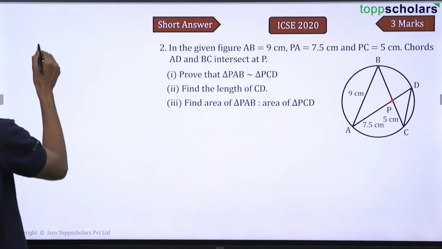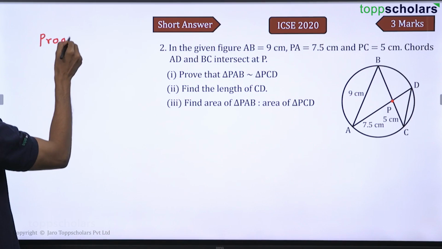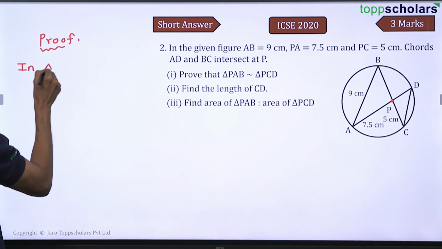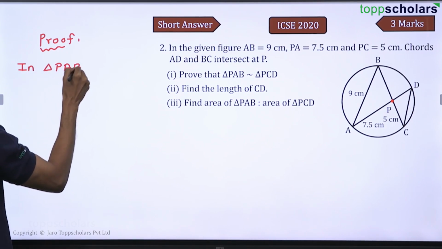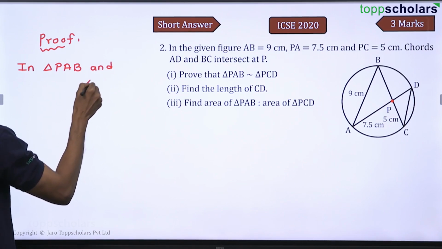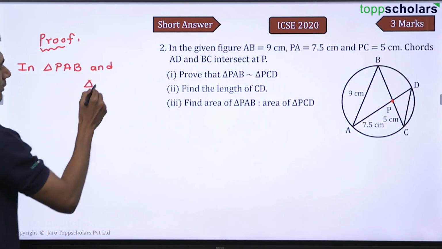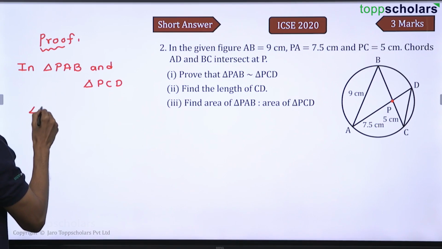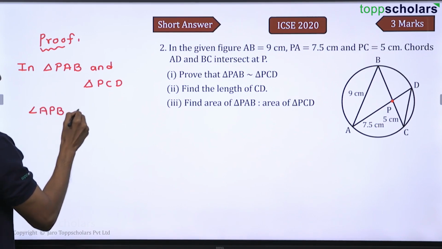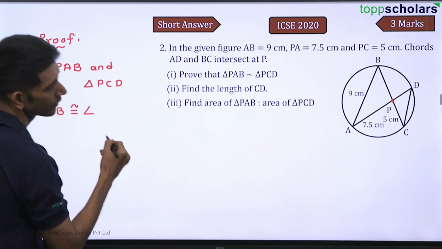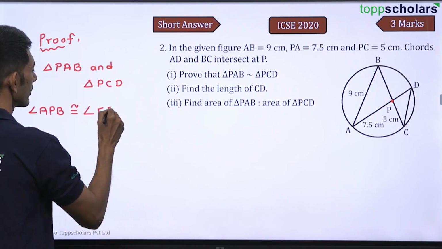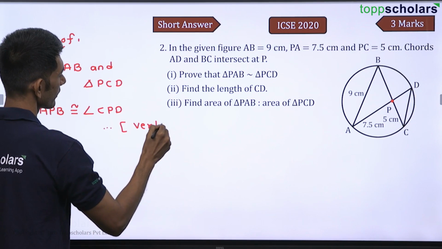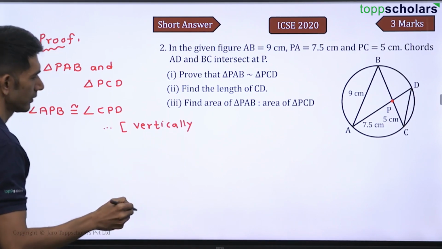So tell me one thing, if I take the two triangles, triangle PAB and triangle PCD, can I say angle APB is congruent to angle CPD because they are vertically opposite angles?